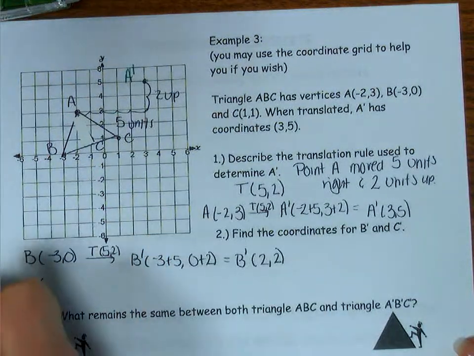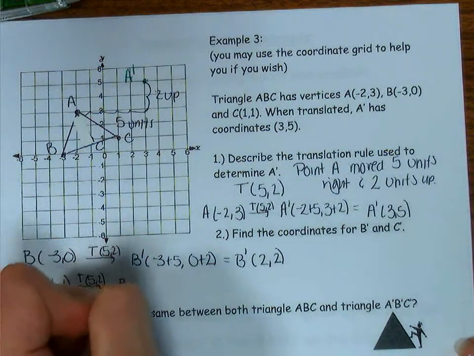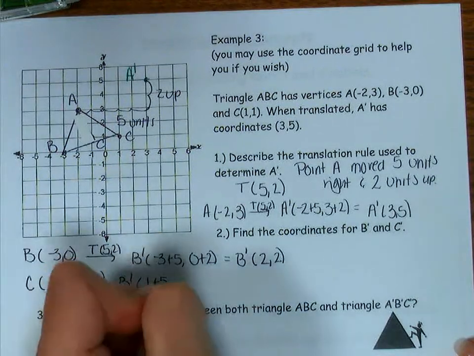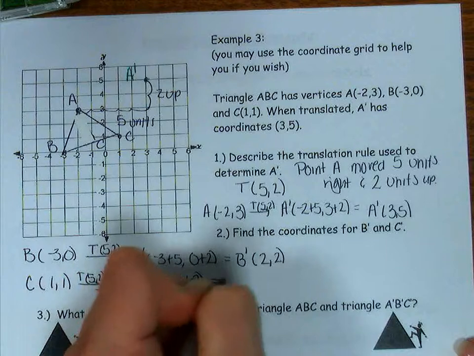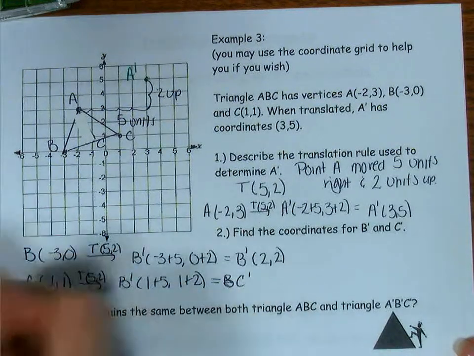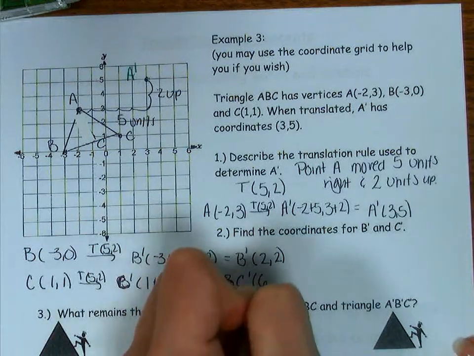And for C, our coordinates are (1, 1). Applying that same translation, I end up with 1 plus 5, and then 1 plus 2. So C prime is going to be (6, 3).